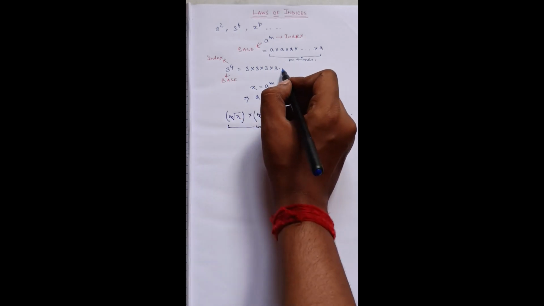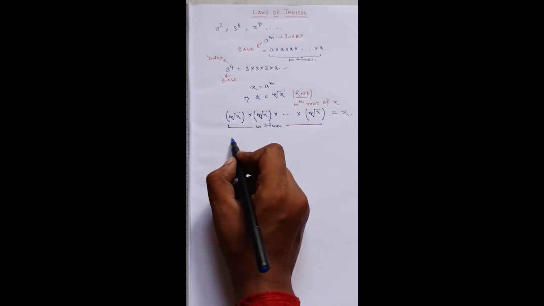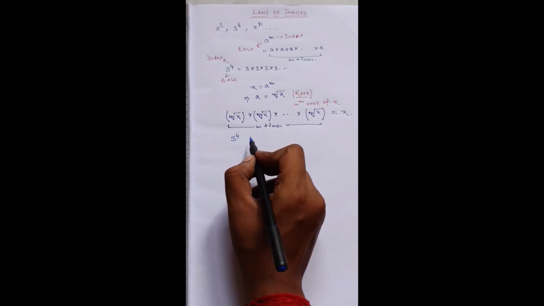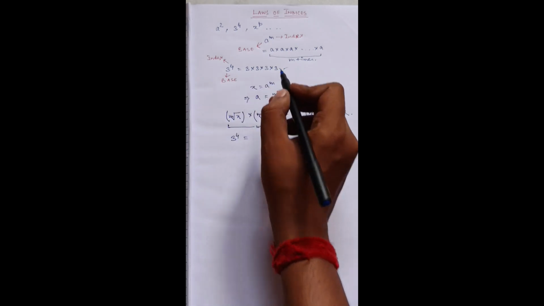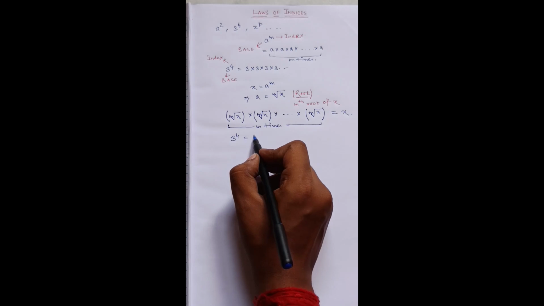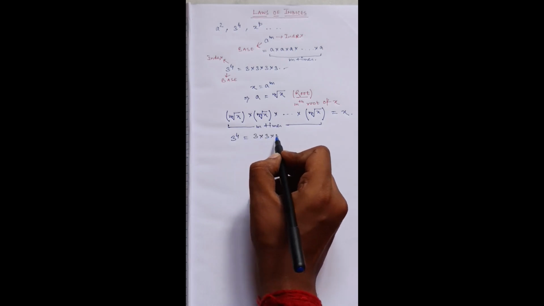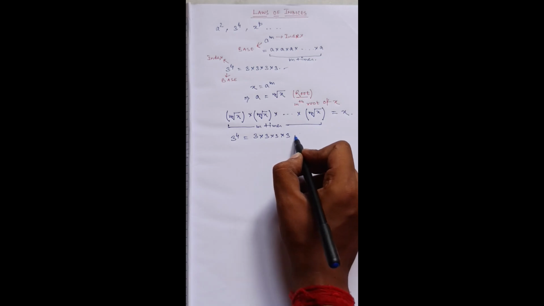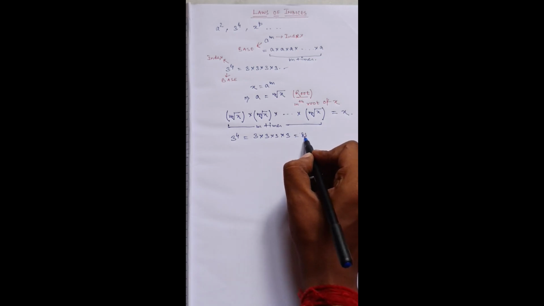For example, we can consider this one. We already have 3 to the power 4. 3 to the power 4 is equal to 3, 3, 3 and multiplied another time. So that is 81.